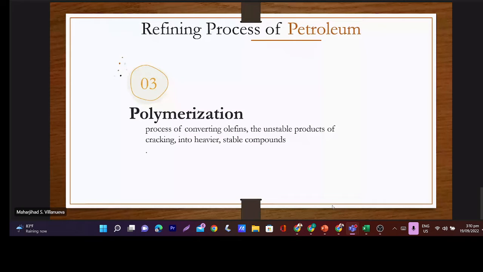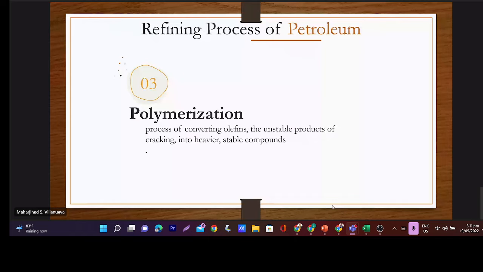At gagawin po siyang into heavier stable compounds or heavier and higher octane number that may be used as pang-blend po sa gasoline stock. Ito po ay ma-accomplish po by thermally or in the presence rin po of catalyst at lower temperature. So, same po sa hydrogenation tsaka sa catalytic cracking rin po, gumagamit sila ng catalyst po.